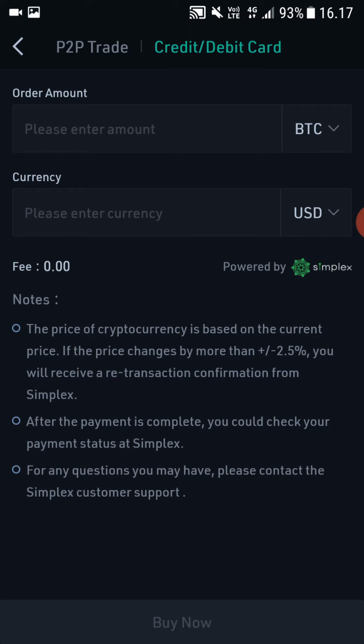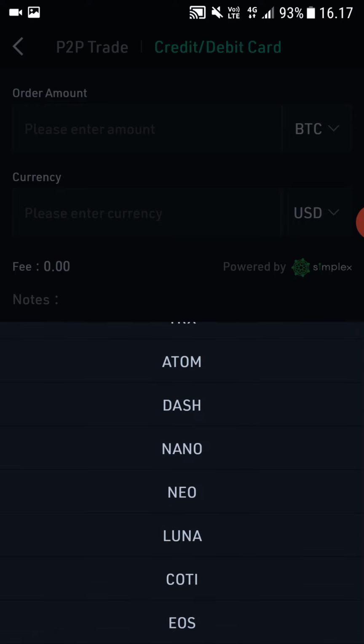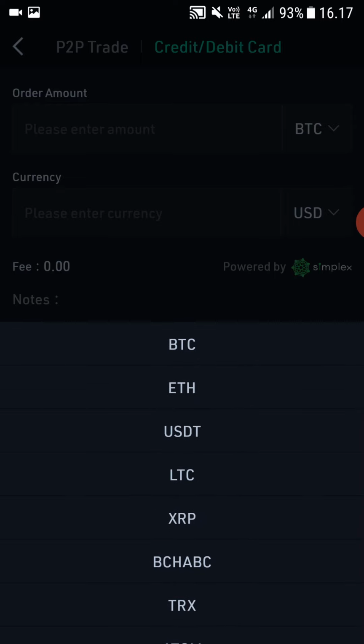So when I click here to see what coins they are selling currently, I can't see VIDT here. I can't see VID coin here. So that's why we are buying first Bitcoin, and after that we are going to buy VIDT.